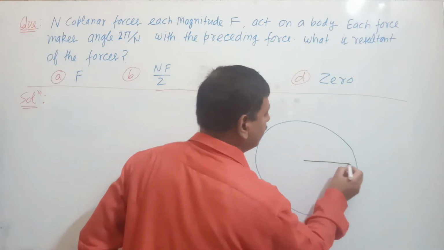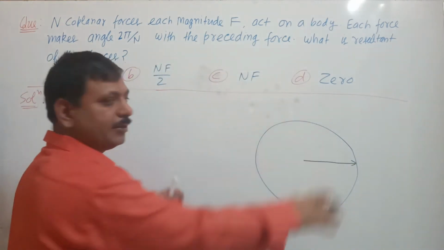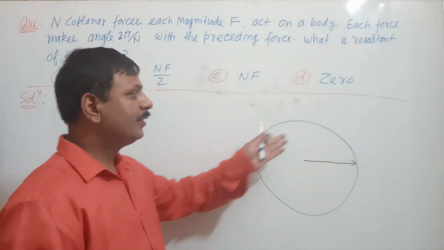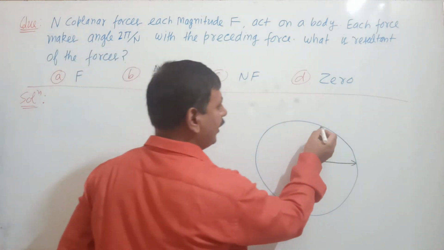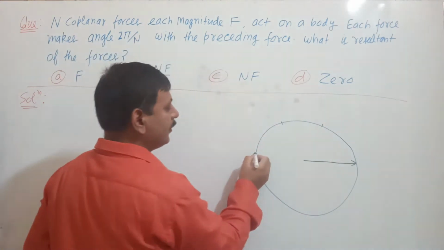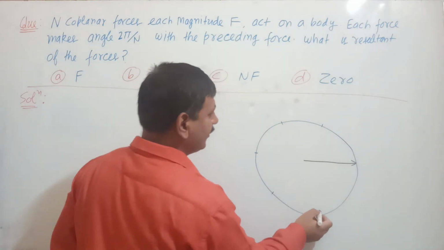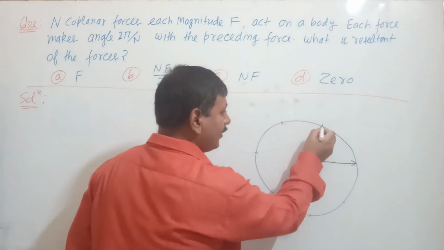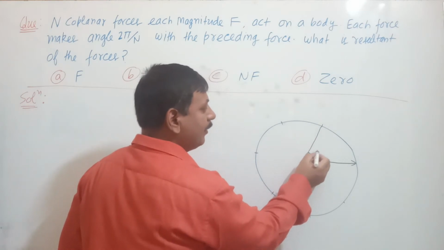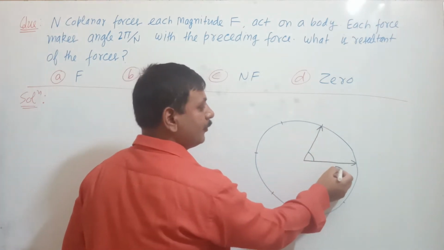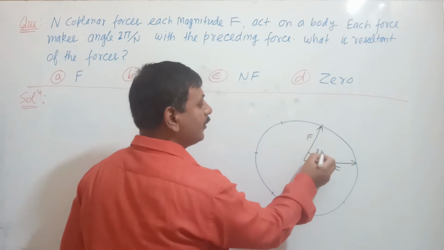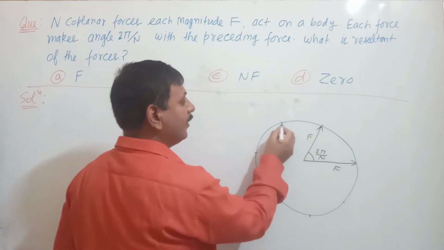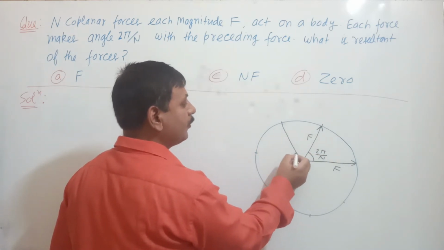Suppose this is the first force, so divide the circle into how many parts? N parts. Suppose these are the n parts I have divided. Then you can see here the angle between two forces. If suppose this is one force and this is another, this will be 2 pi upon n. Same way, this will be 2 pi upon n.